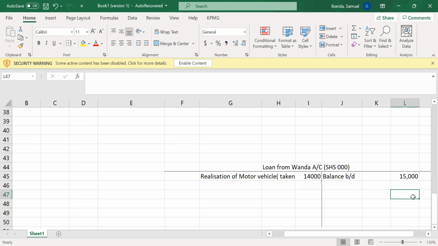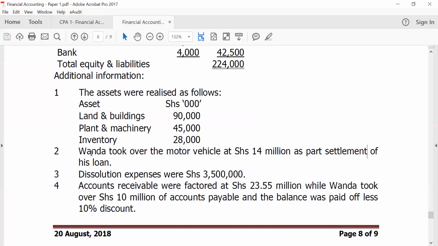But if we have liabilities that are taken over by the partners, like in this case, it's a liability from the partner himself. So we're going to see how that happens. So let's first look at, we've seen how this goes to the realization account. We've also seen how this also goes to the realization account. Let's also look at this.